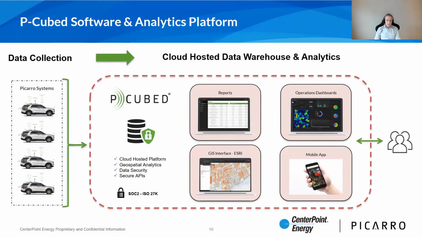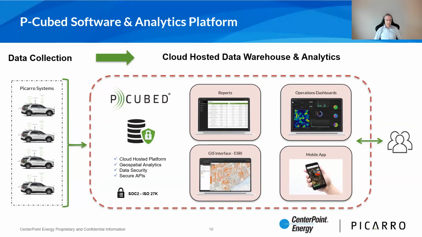So in terms of our software capabilities, we've talked about data collection. I mentioned that all this data gets shared to the cloud. We have a cloud-hosted data warehouse where we store all our data and where we can apply our analytics. So we call this platform P-Cube. P-Cube is a multifaceted, cloud-hosted software platform.